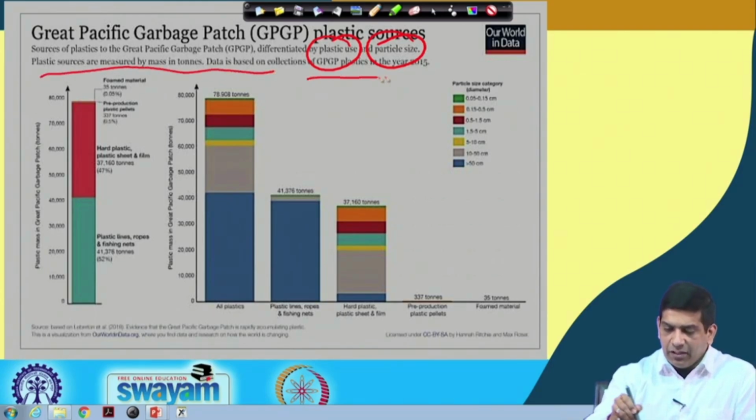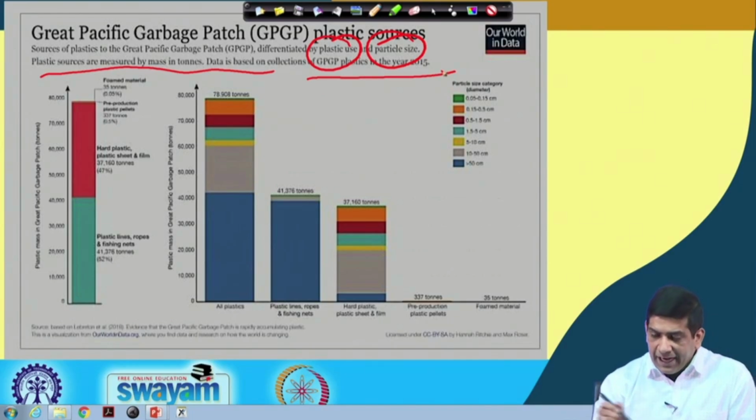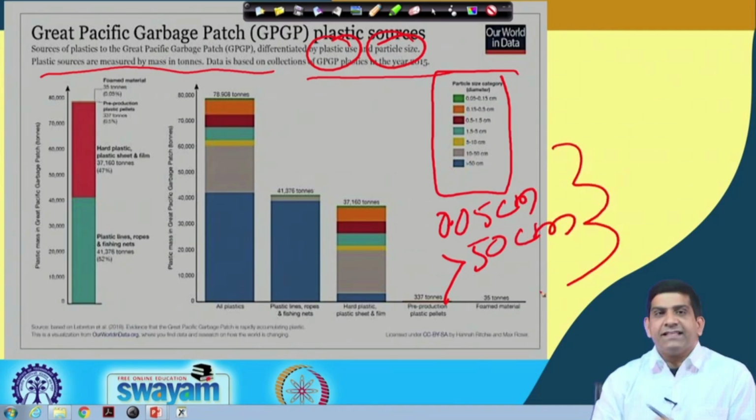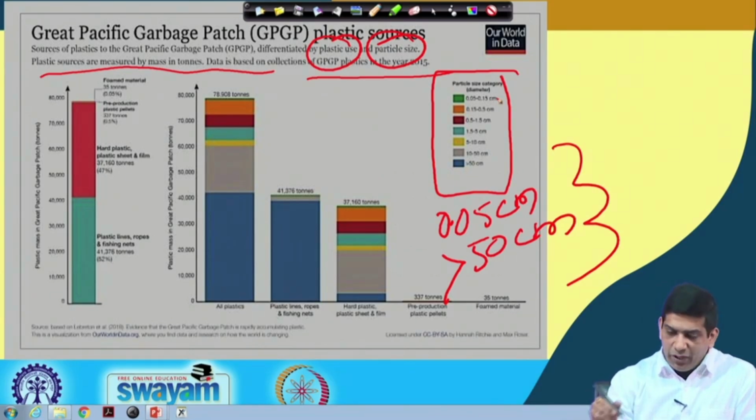Data was collected in the year 2015, and if you look at the particle size diameter, it was from 0.05 centimeter all the way to greater than 50 centimeter. So different sizes of plastics were floating in that Great Pacific Garbage Patch, and in the distribution, from 0.05 to 0.15 is the green color here, then 0.15 to 0.5 is the second color.